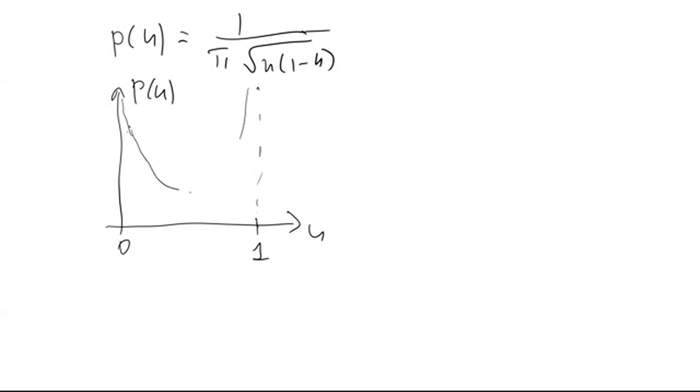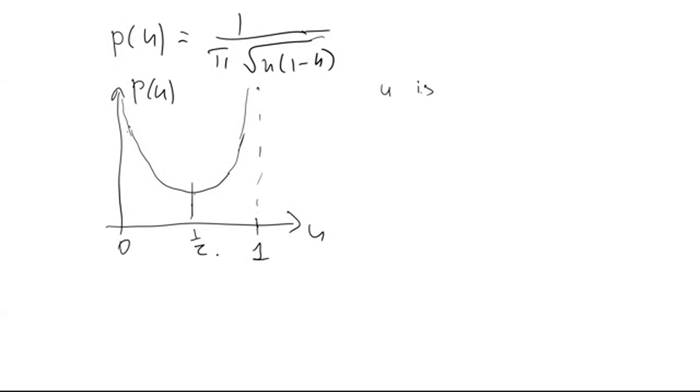And it has a minimum in between. Since it's symmetric, the minimum will be at half. And from here we conclude the following: the probability for U to have values near 0 and 1 is considerably larger than the probability for U to have a value around half.